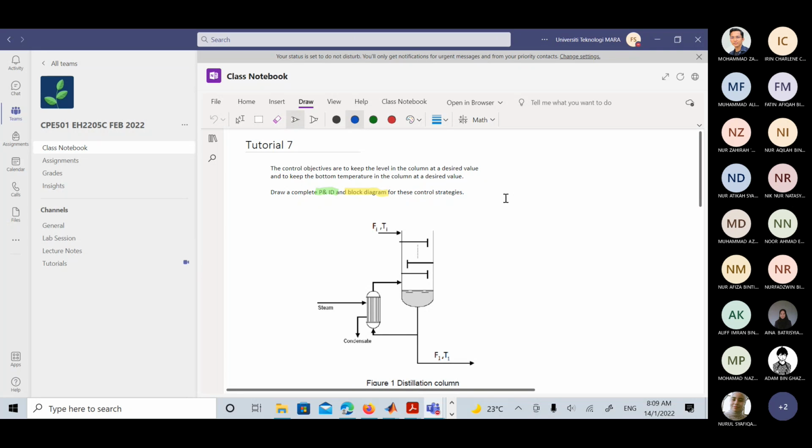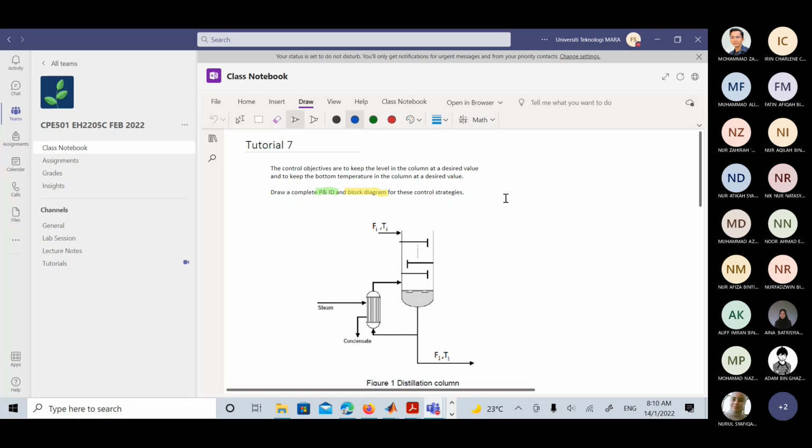We have the distillation column showing the initial flow and temperature inlet as Fi and Ti, then the outlet of the distillation column shown as F1 T1, and it has steam to help increase the temperature of the bottom of the distillation column. So how do we control the level? Can someone help to draw the PNID diagram?